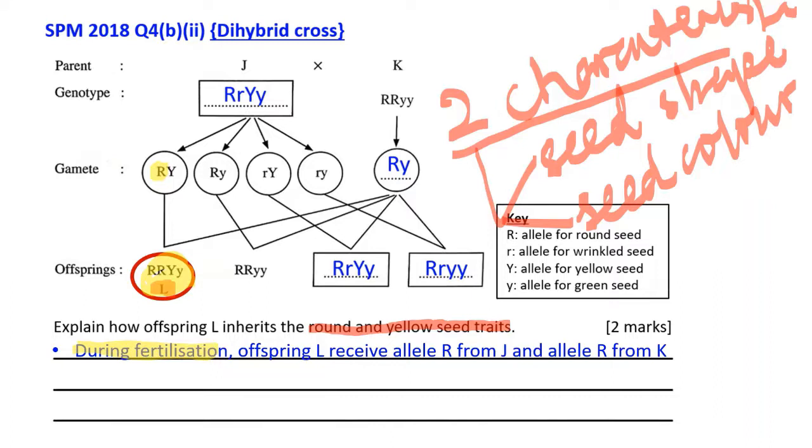So it receives one R from J and the other R from K. For the other characteristic, which is the color of the seed, it receives allele Y from J and the allele small y from K.